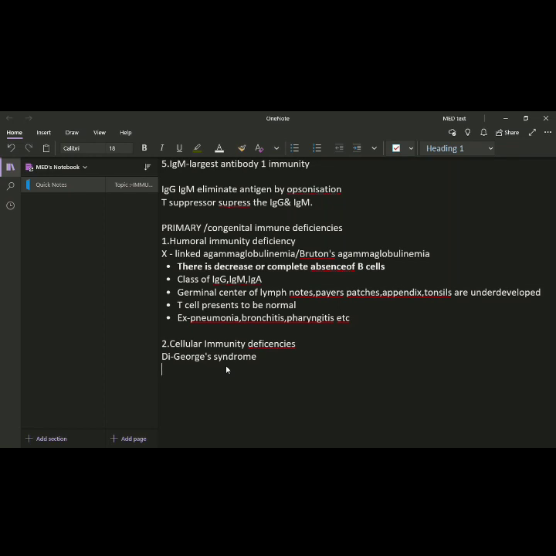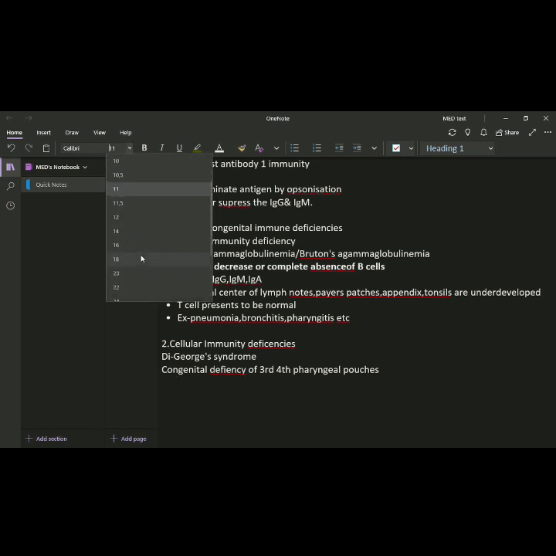So I'll let you know over here, there is congenital deficiency of third and fourth pharyngeal pouches. So as a result of this deficiency, there is thymus hypoplasia.